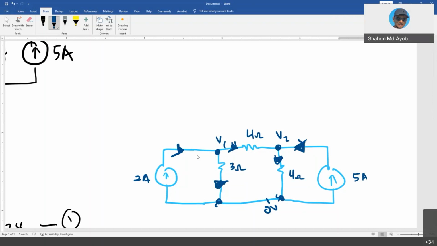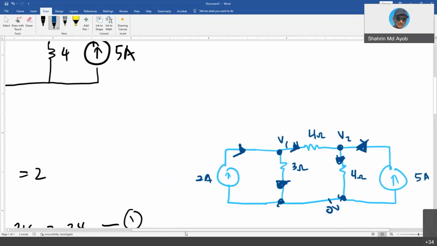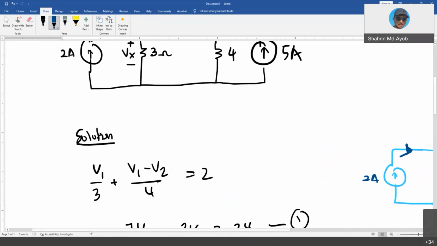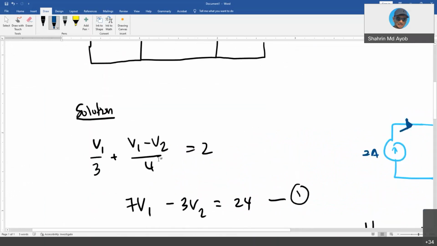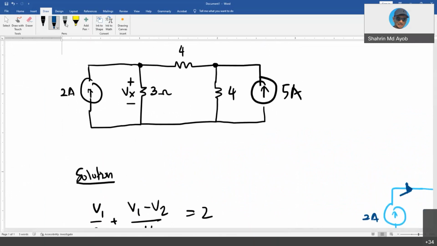We start with V1. The KCL at V1: this is the current that goes into the node, and there are two currents that go out, so you need to separate them.